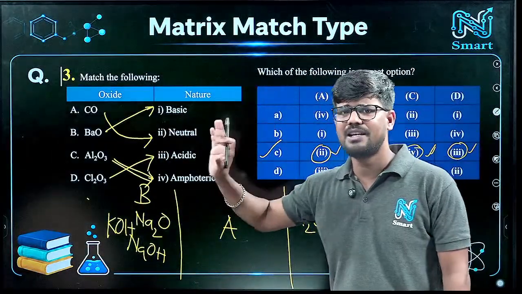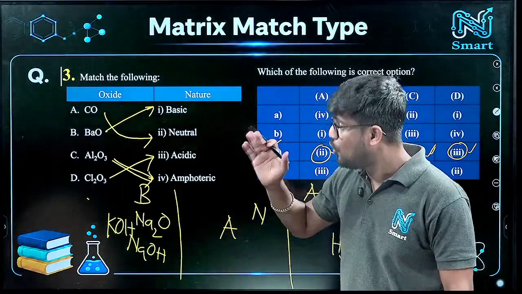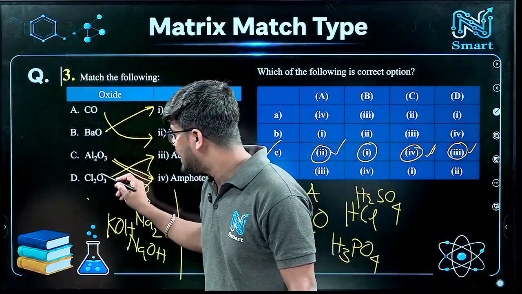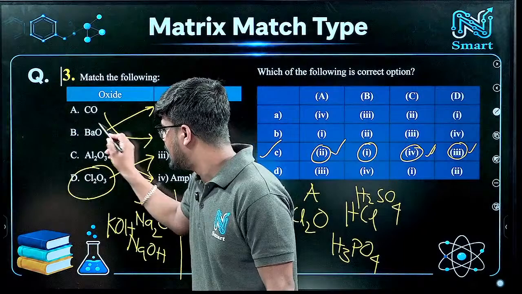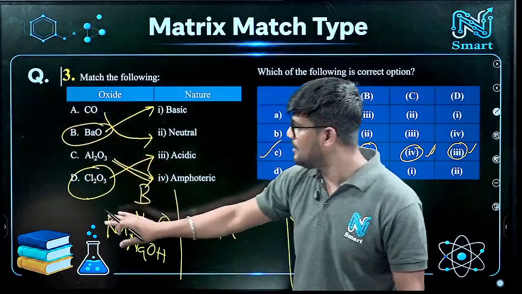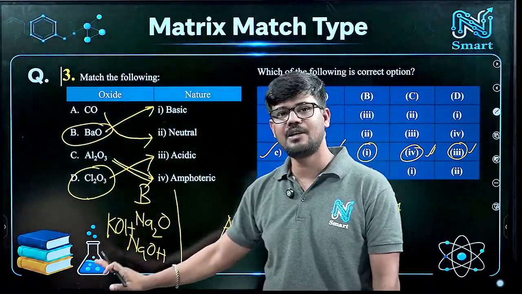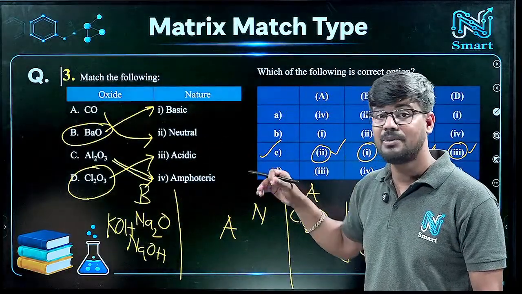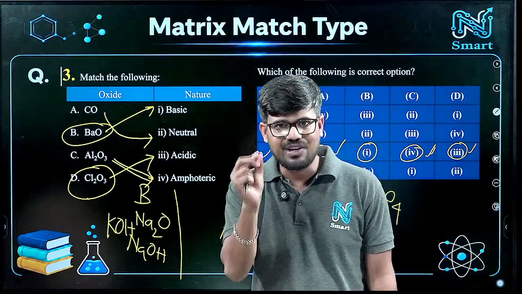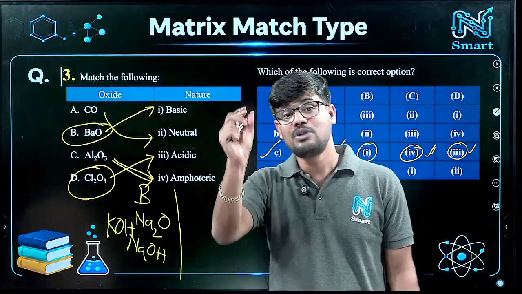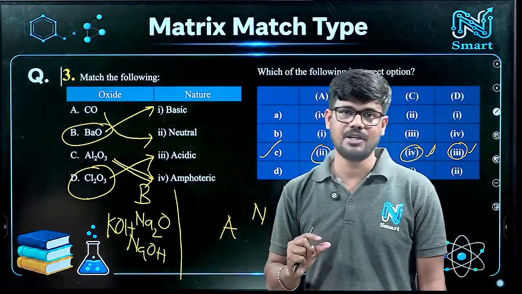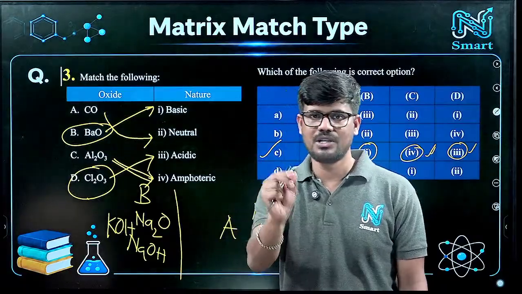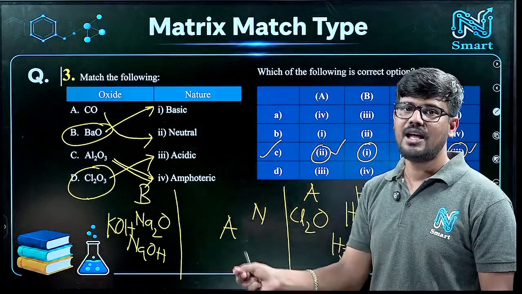This is basically an information-based question. Although we can solve it by taking these two examples. If you know that from the left side comes basic oxide and from the right side comes acidic oxide, then you can answer this type of question. But if they frame a tricky question, then you have to know the detailed information, which one is called acidic, which one is called basic, then amphoteric and neutral.